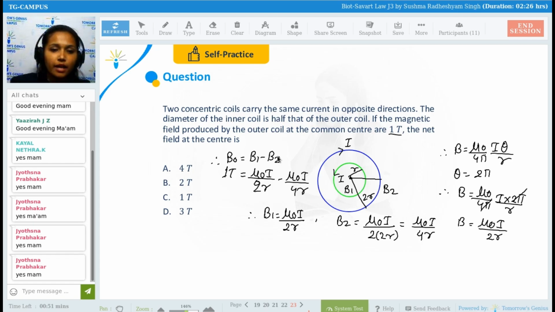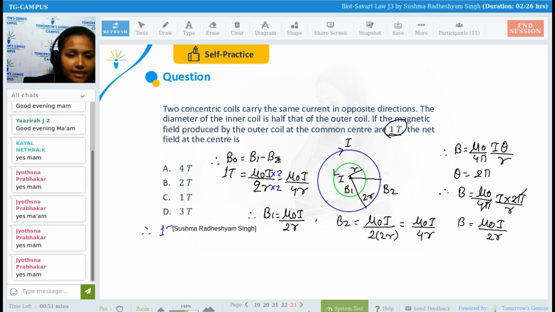Clear this? If we substitute, they have given the net field at the common center as 1 Tesla. So we multiply here by 2 and here also by 2. I just use a different color to show it. The formula is 1 Tesla is equal to 2 mu naught I over 4R minus mu naught I over 4R.